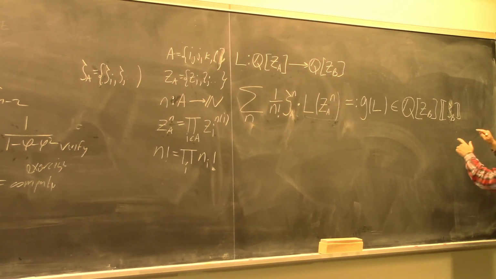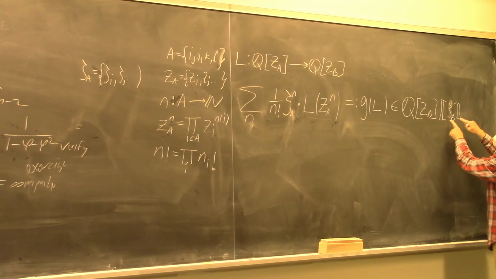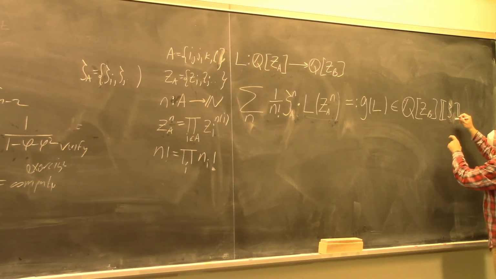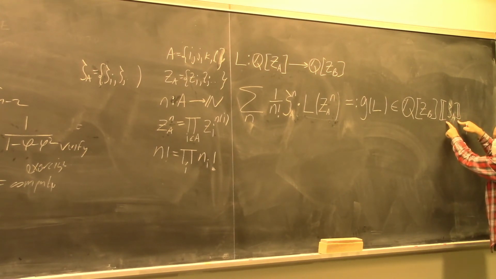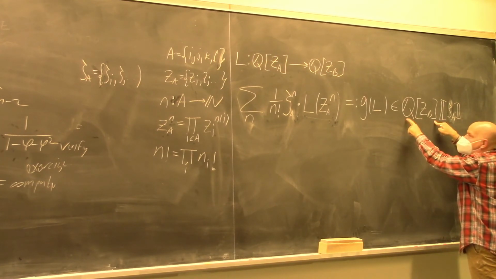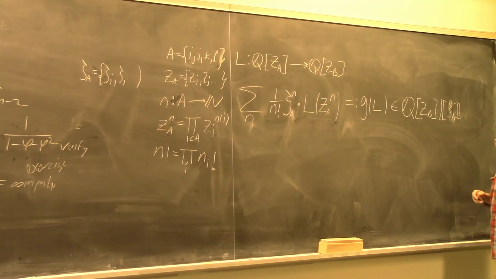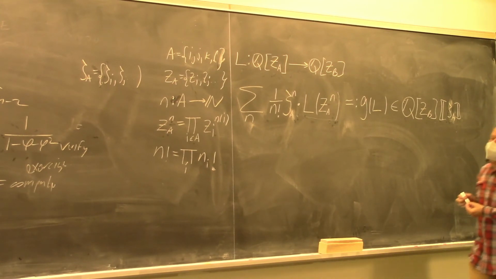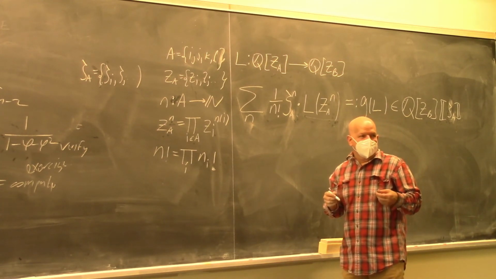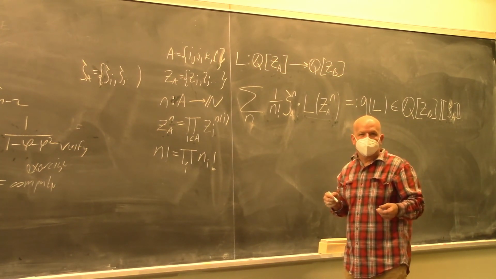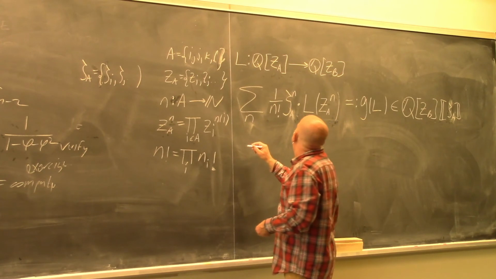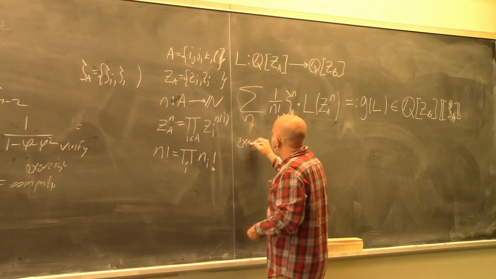So this is a power series in the variables zeta_a, whose coefficients are polynomials in the z_b's. Okay? I think this will make a lot more sense if I give a few examples. Okay? So, example.